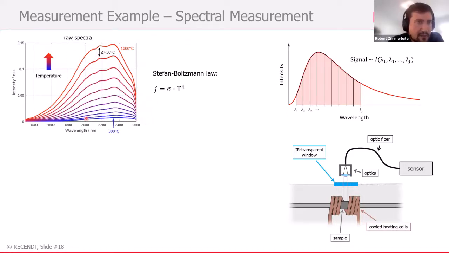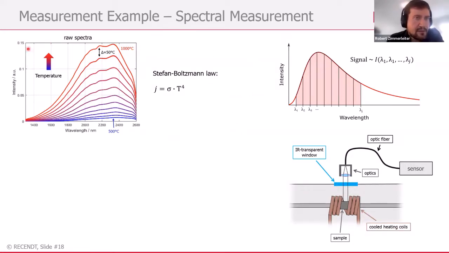The lines go from the lowest temperature, 500 degrees Celsius, to the highest temperature, 1000 degrees Celsius, and they are color coded. And each step between the lines is about 50 degrees Celsius. Here we again can see the Stefan Boltzmann law in action. You can see with higher temperature, much more intensity is reaching the sensor.